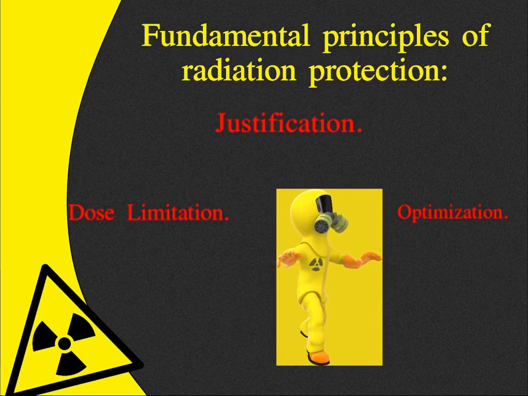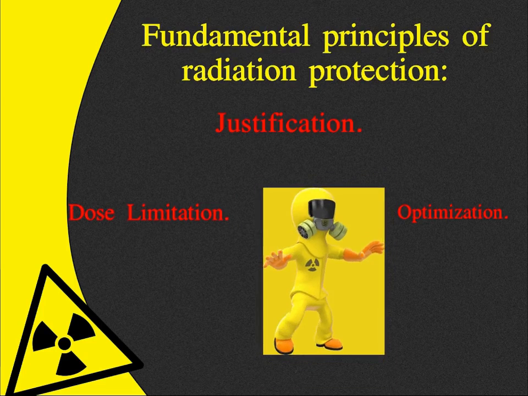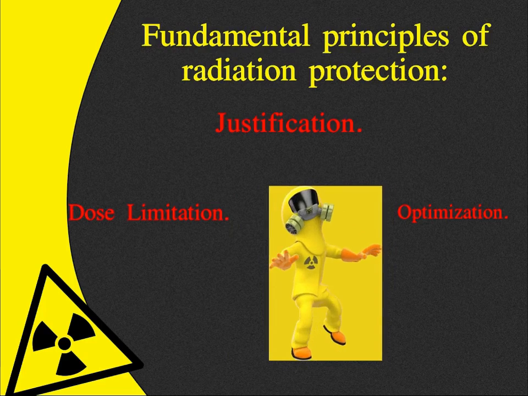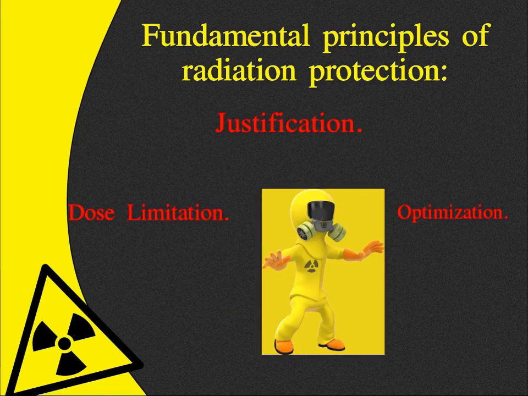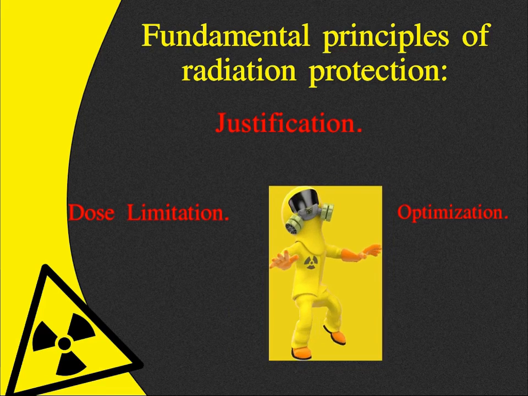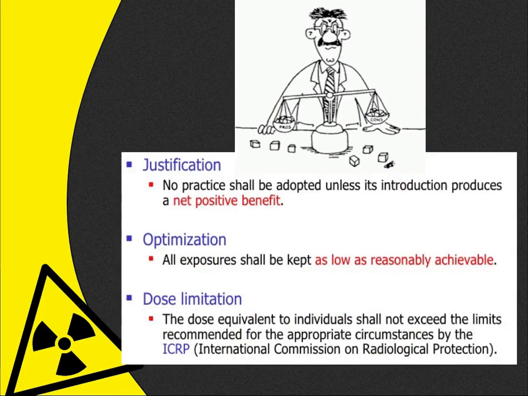Okay, now let's take a look at the fundamental principles of radiation protection. We have three basic principles: justification, optimization, and dose limitation. Justification: no practice shall be adopted unless its introduction produces a net positive benefit.